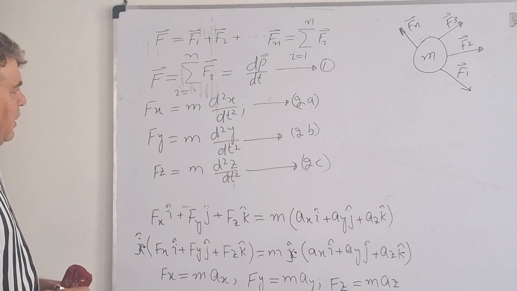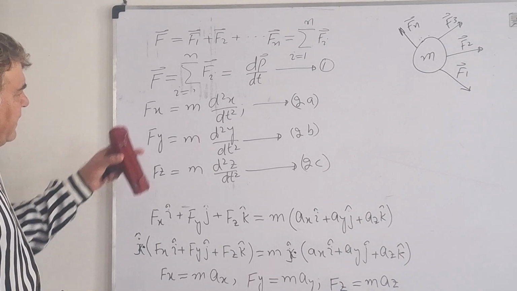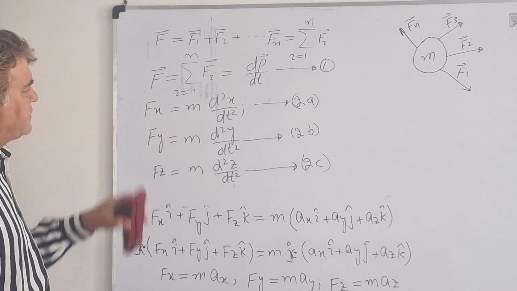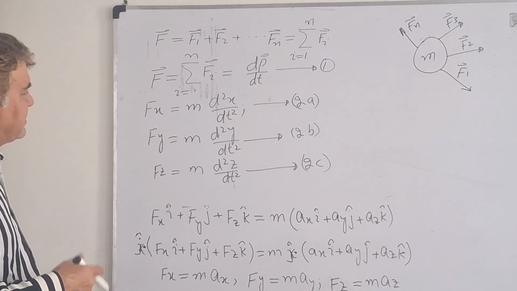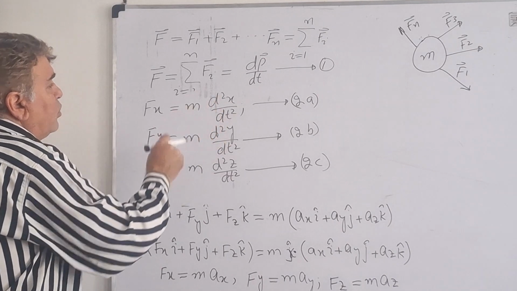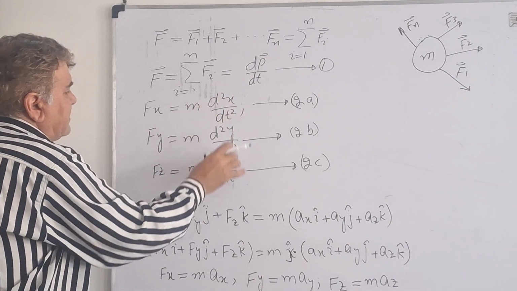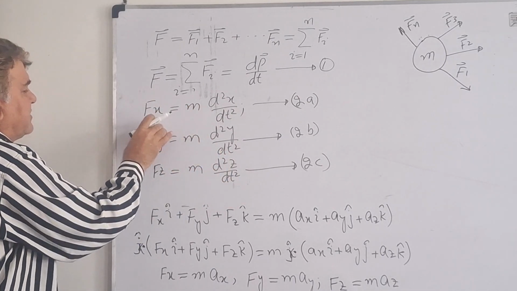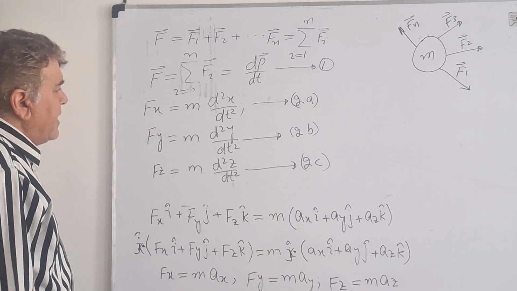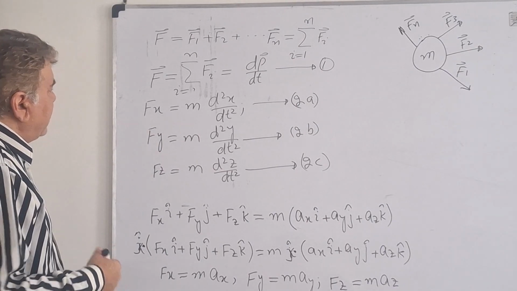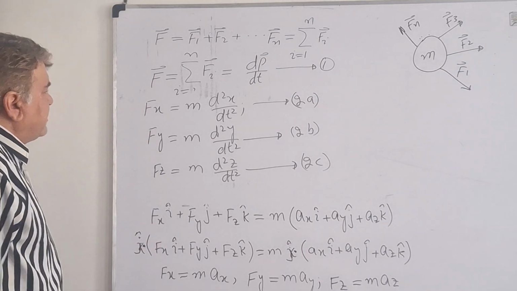Now, these equations give the differential forms of Newton's second law for the three components of the Cartesian coordinate axes. And if we know the components of the acceleration from these three equations, we can find the magnitude of the corresponding components of force. And then using directional cosines, we can find the direction of the force.